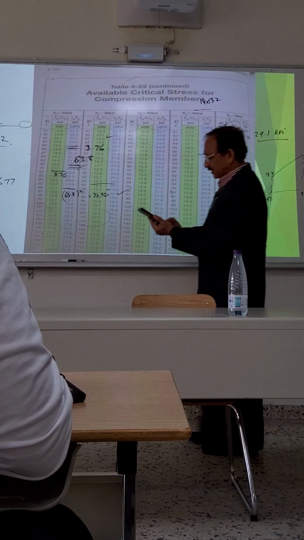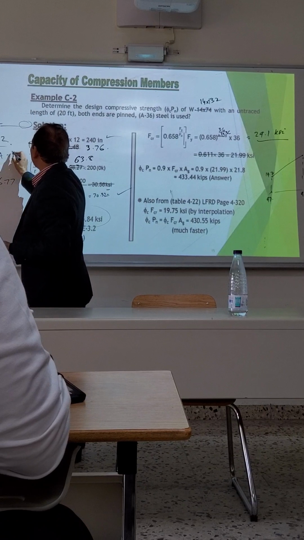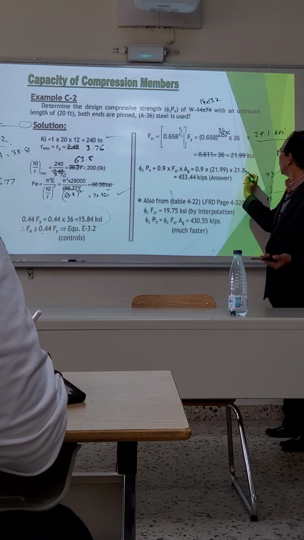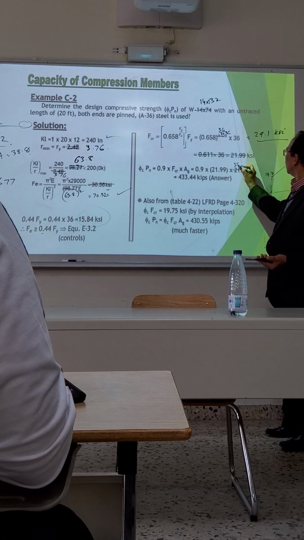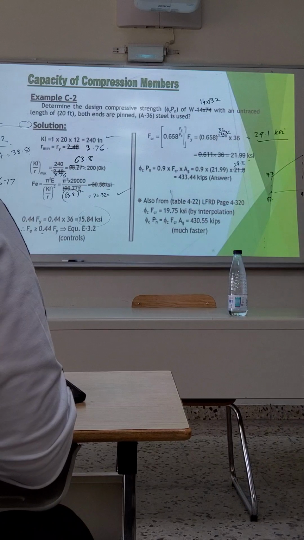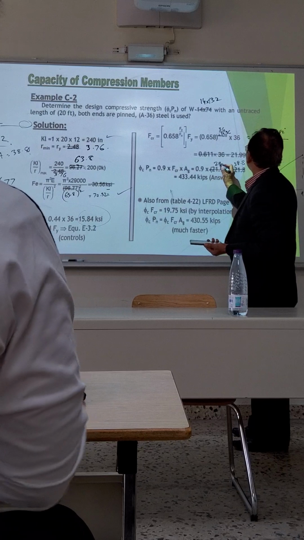So gross area A is equal to 38.8. We'll substitute here 38.8, and this is 29.1.